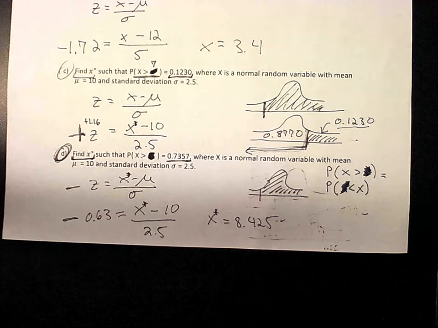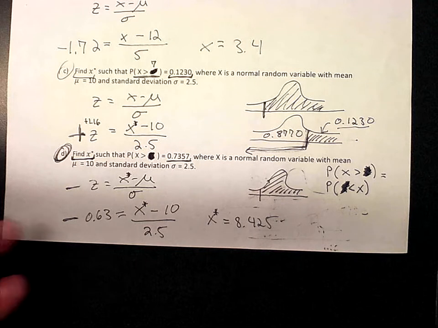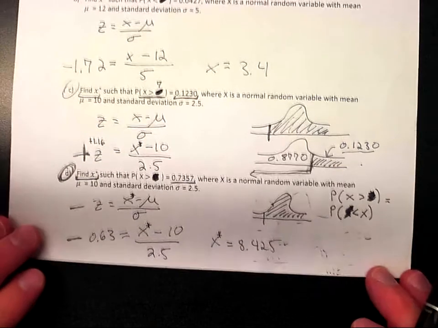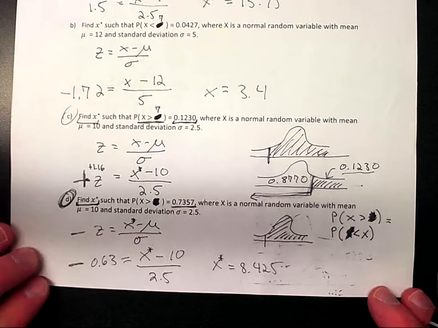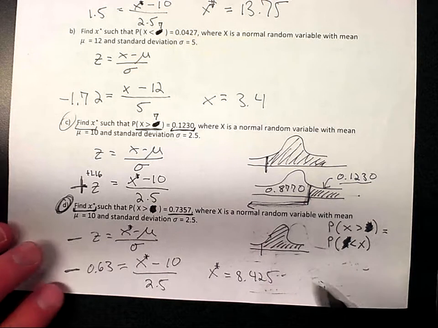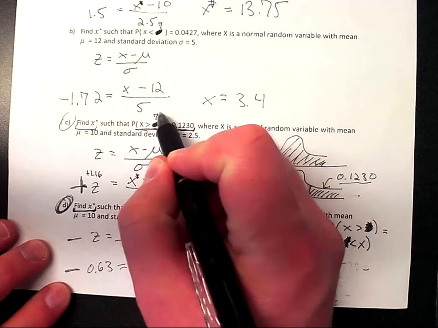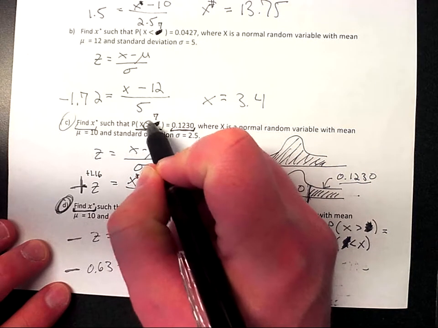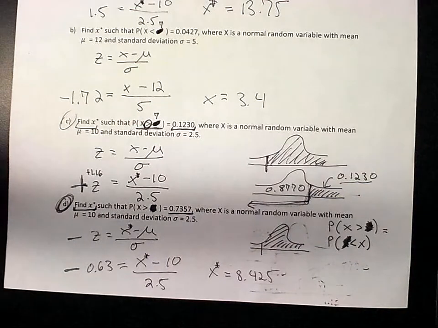The difficult ones, I think, are ones where you have something greater than, right? Whenever you have the greater than symbol, like x is greater than x star, what are we saying?